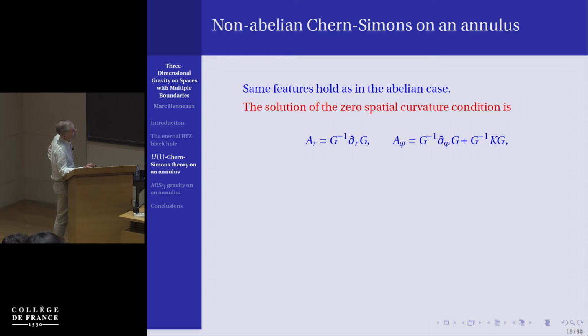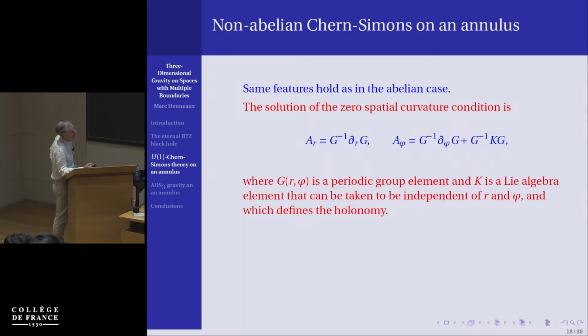This would be the holonomy, which on the annulus need not be 0. So I'm taking group elements that are periodic, and I put everything that would conflict with periodicity in the holonomy term. And K is a Lie algebra element, which you can take to be independent of r and phi, and that defines the holonomy.